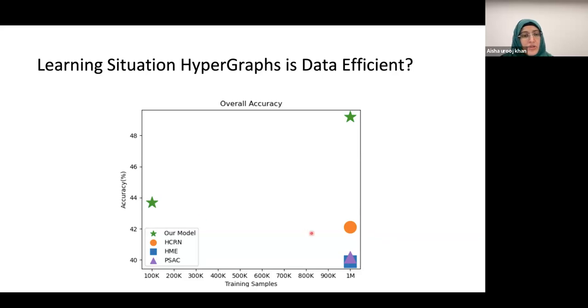And when we take the full training set, we were able to perform much better. So if we can learn this notion of the underlying semantics of the video, that means that we are understanding what's happening in the video, and it is going to help us a lot. We do not need a lot more data if we understand the concepts really well. Then even with a small set, we can do really well for a video understanding task.